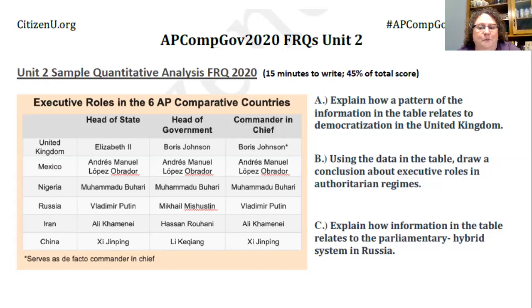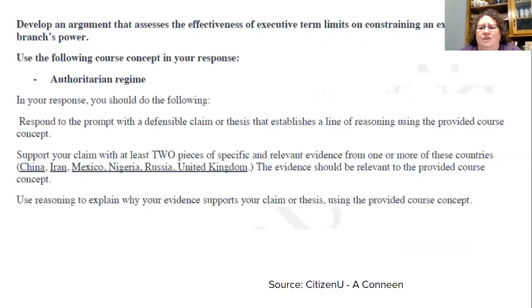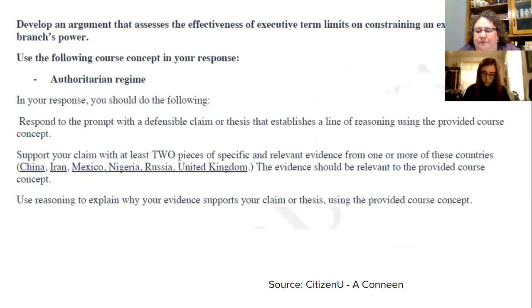And you don't even have to know those people, but just knowing that the prime minister is the head of government in Russia, okay? All right, so let's come back to the argumentative, because those are definitely the tougher questions. Before I go on, are there any questions?